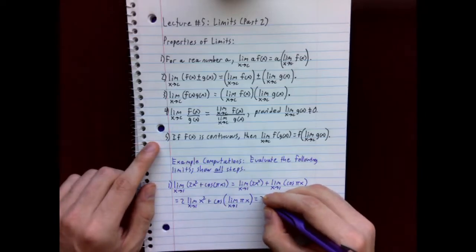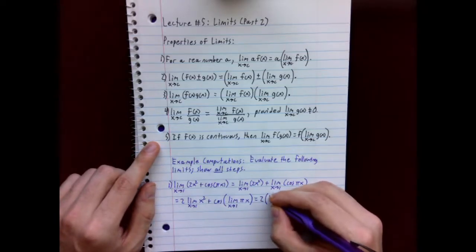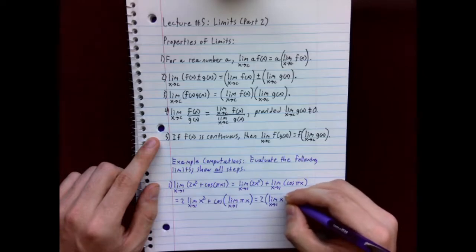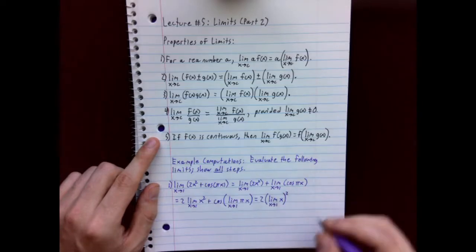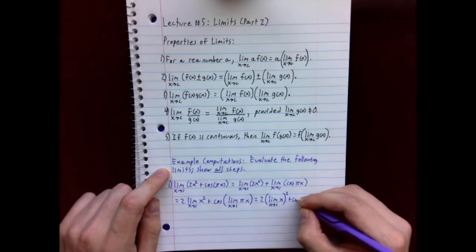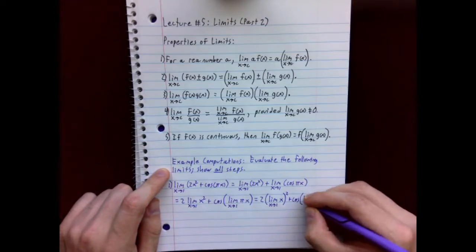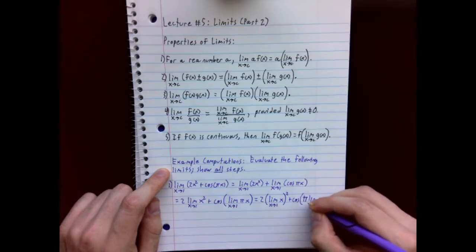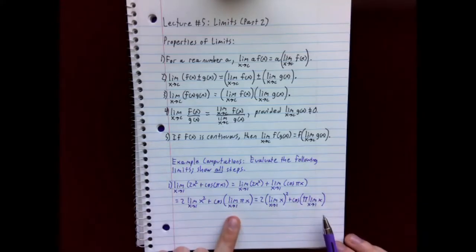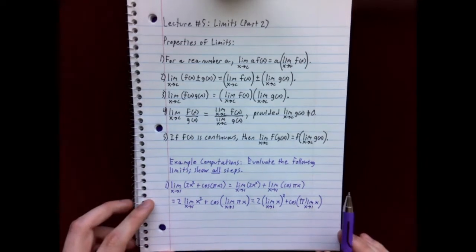So this is 2 times the limit as x approaches 1 of x squared. And then we'll pull the pi out front in this limit, so plus cosine of, I'm sorry, of pi times the limit as x approaches 1 of x. And this is the level of simplification that I wanted us to get to.